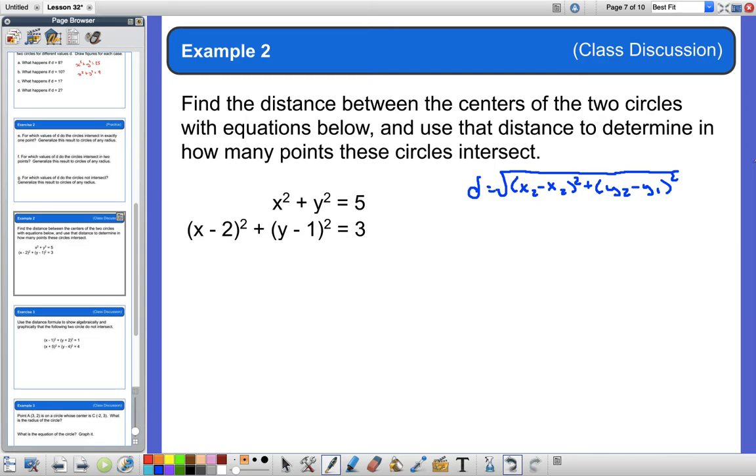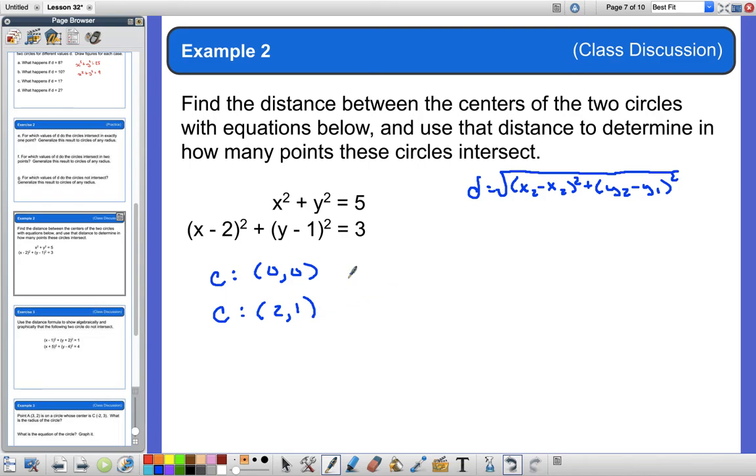And so that's what we're looking at in this given piece. So what we need to do is know the centers for each one. Since this says x squared plus y squared equals 5, the center for the first one is 0, 0. The center for the second one, since this says minus 2 and minus 1, is 2, 1.